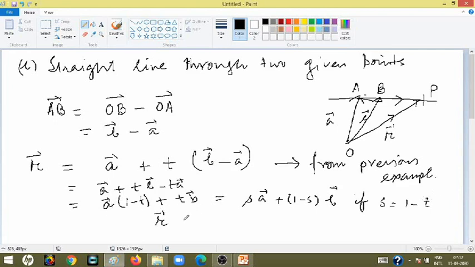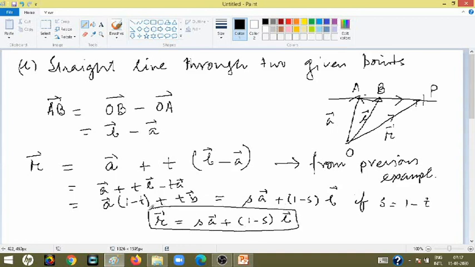Now s A vector plus 1 minus s B vector is the parametric equation of a straight line through two given points A and B, where s is a scalar quantity.